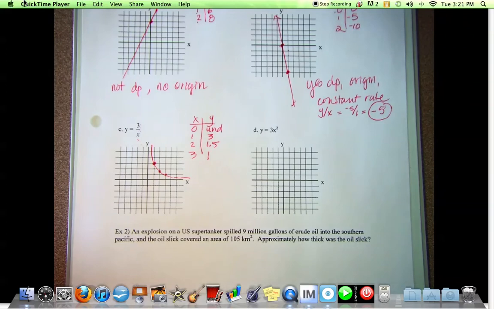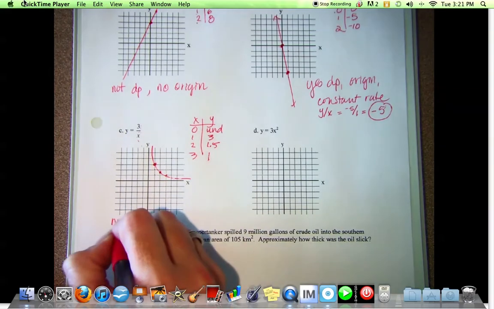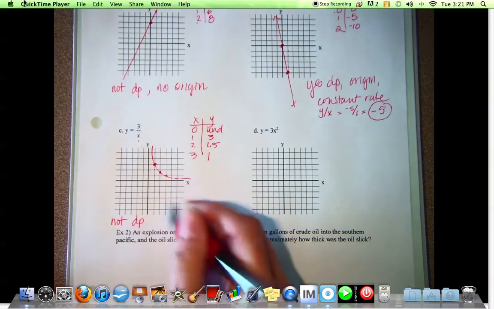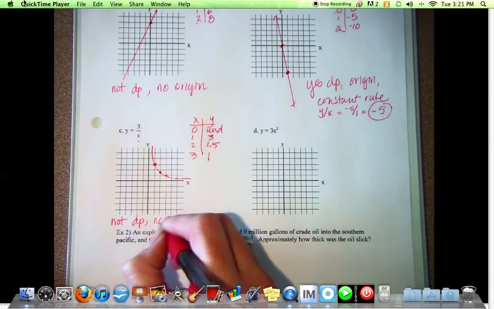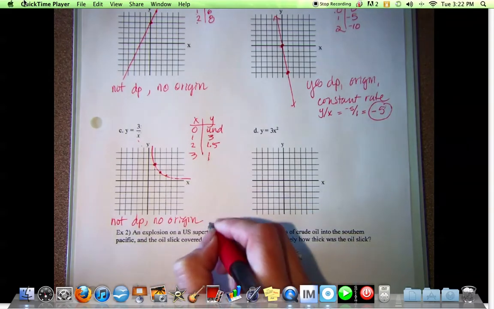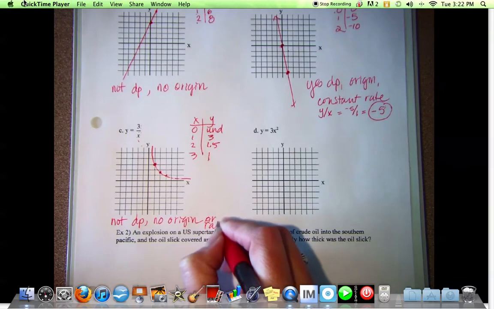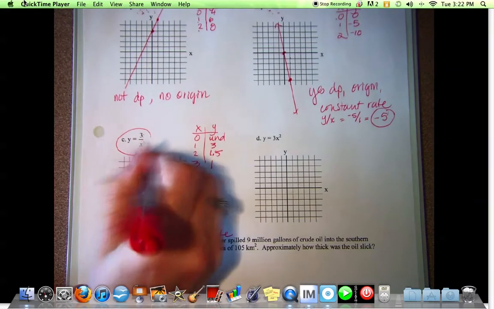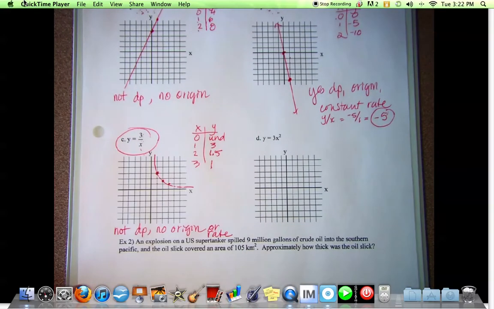And is there a constant rate? It's not directly proportional. There's no origin. And there's no constant rate. So keep in your mind that an equation that looks like this is not directly proportional. Always, it will not be directly proportional.